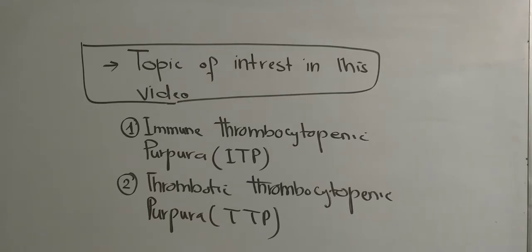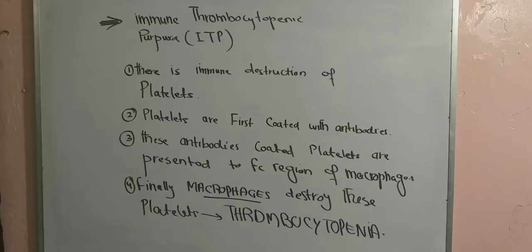In one of the conditions, the former one, which we call ITP, it's the immune system which is playing the major role. But in case of TTP, or thrombotic thrombocytopenic purpura, something is related directly with thrombosis, or the process of clot formation within the blood vessels. Talking about immune thrombocytopenic purpura, the general fact is that there is immune destruction of the platelets.